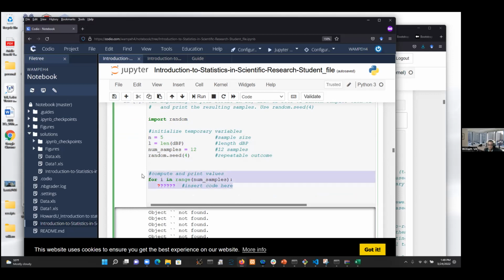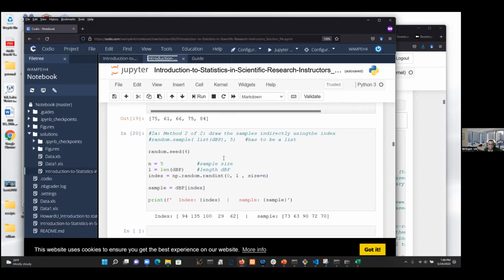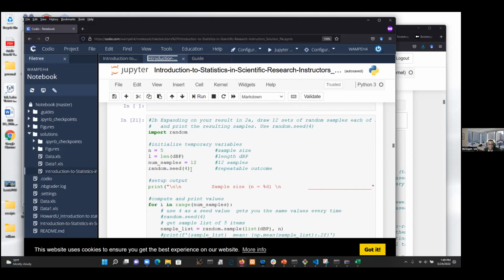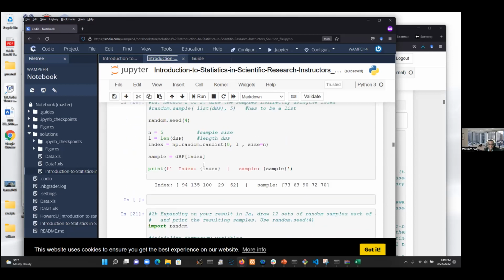So we use a loop. Now let's see how that is implemented. Anytime I say take a sample of size n equal 5, see what will happen in here.